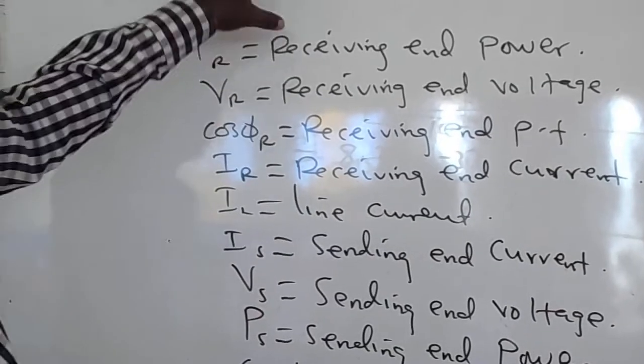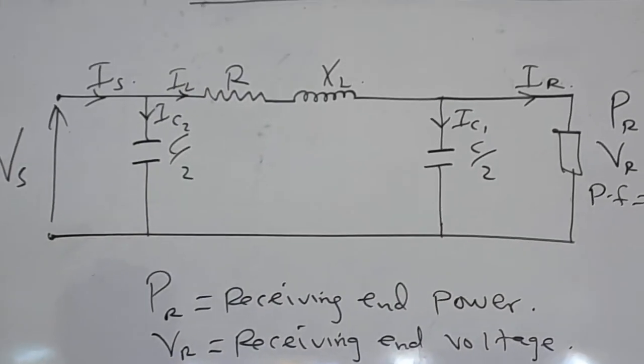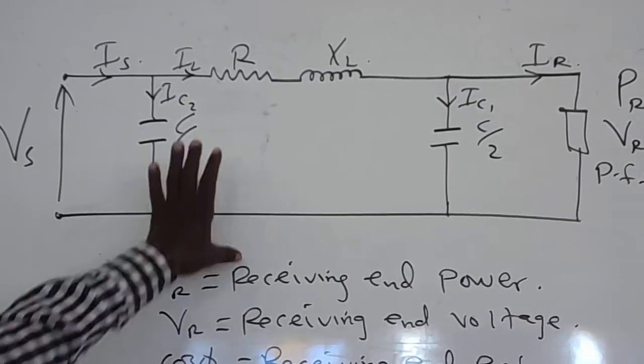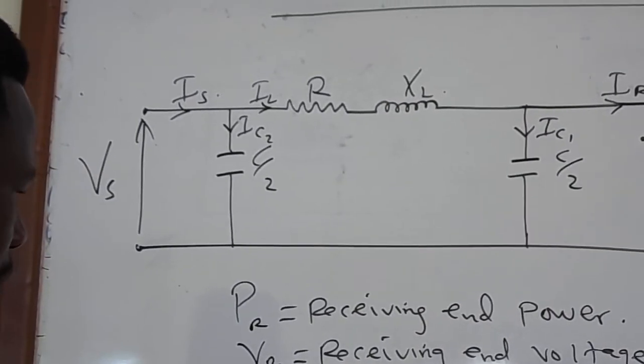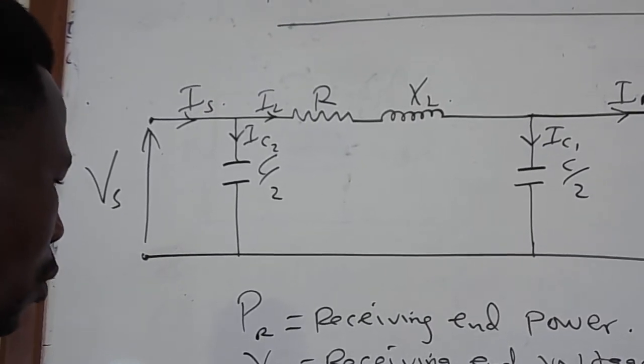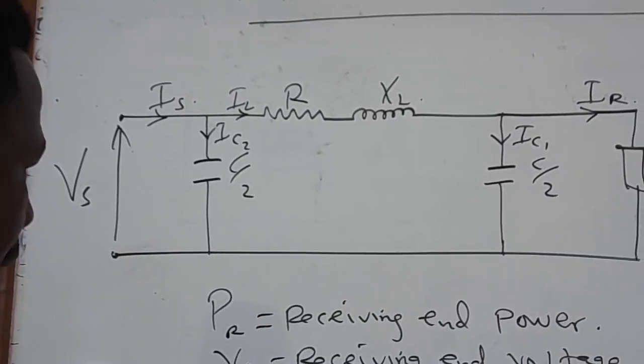Now from the circuit diagram, there are some equations that I want us to form from the circuit so that from there, we'll be able to move into the phasor diagram.